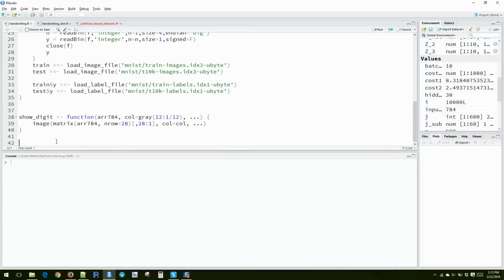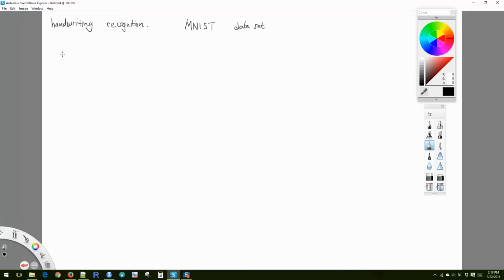Okay, and each of these digits is a square, just for the simplicity of everything. It's a 28 by 28 pixel image, okay, and it's grayscale. It goes from 0 to 255.